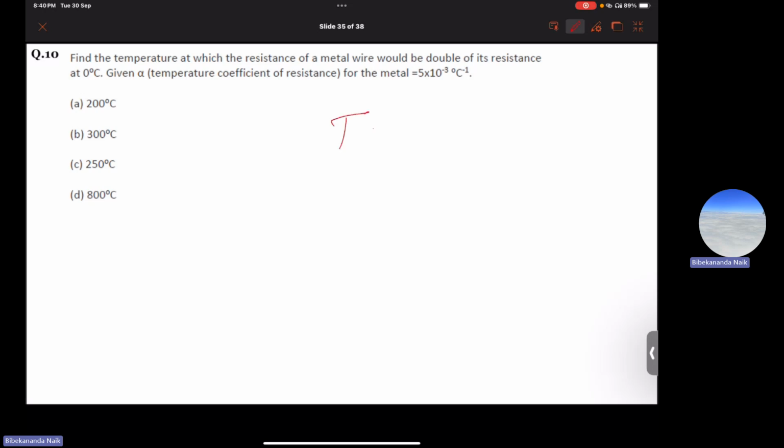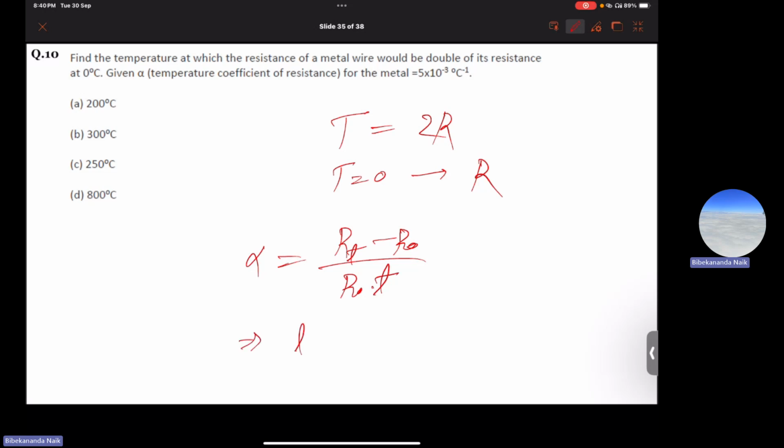Suppose at T it is 2R, and at T equal to 0 it is R. So in that case, what will be the value of alpha? Alpha is (RT minus R0) by R0 into T. That implies T is (RT minus R0) by R0 into alpha.